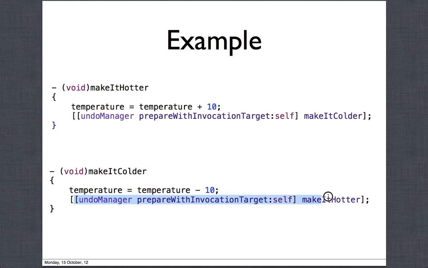But here we have the same line, but of course calling the other method. It knows which is undo and which is redo. So if I want to redo, even though this is the same undo manager, this method will be called if I want to redo after that undoing. So there's no NSRedo manager, it's all called NSInvocation manager, and it keeps track of both undo and redo.